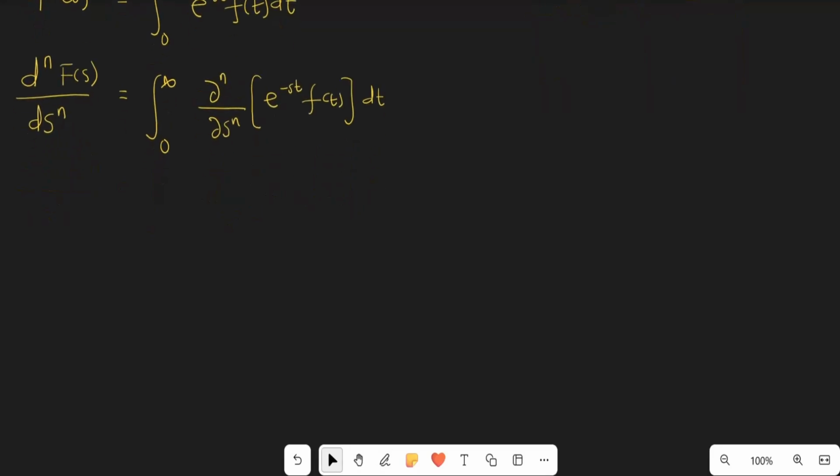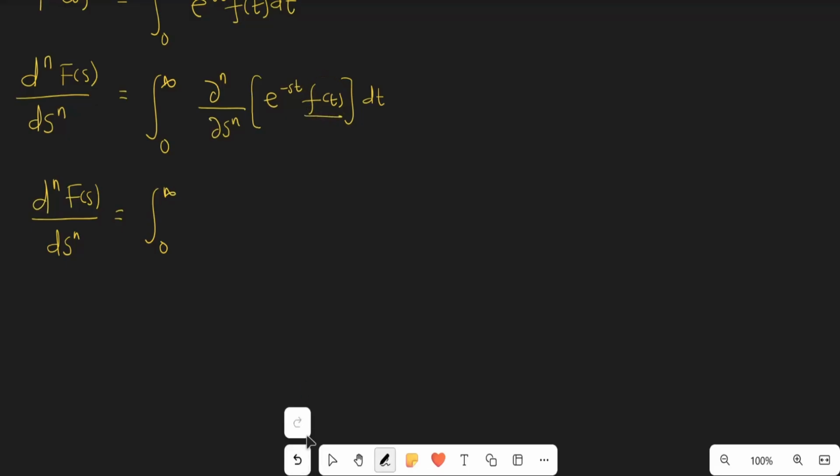Cool. So the left hand side remains as this. That is what we have over ds to the n, and this is equal to what? Now we are going to differentiate this with respect to the Laplace variable s. This part is a constant because it has no s.